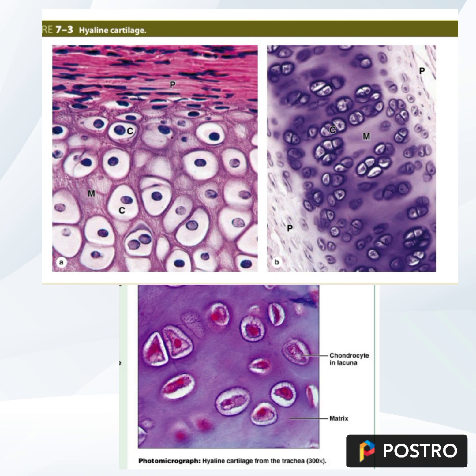Each group had a single chondroblast which underwent mitotic division and produced all those other cells.